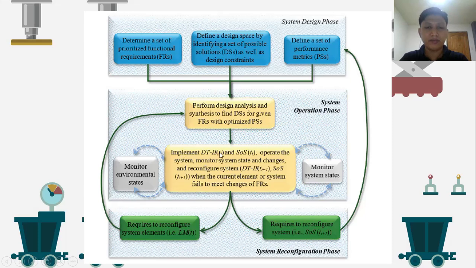Also, we need to implement our digital technologies such as digital twin and SoS, so that we can have an idea on how the system elements interact with the system, which can be measured by the parameters.